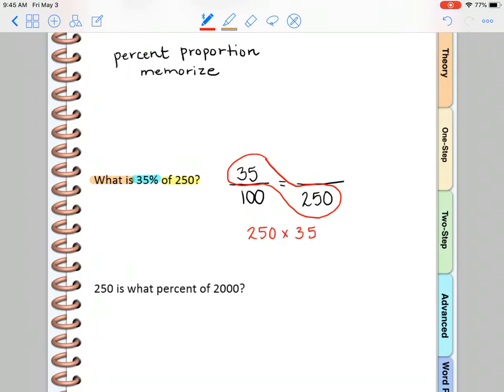So 250 times 35, and I do not know that, so let me multiply it on my calculator, is 8750. And then your next step is to divide that number by what's not in the peanut. And in this case, it's the 100. So you divide that through, and your calculator will give you that.